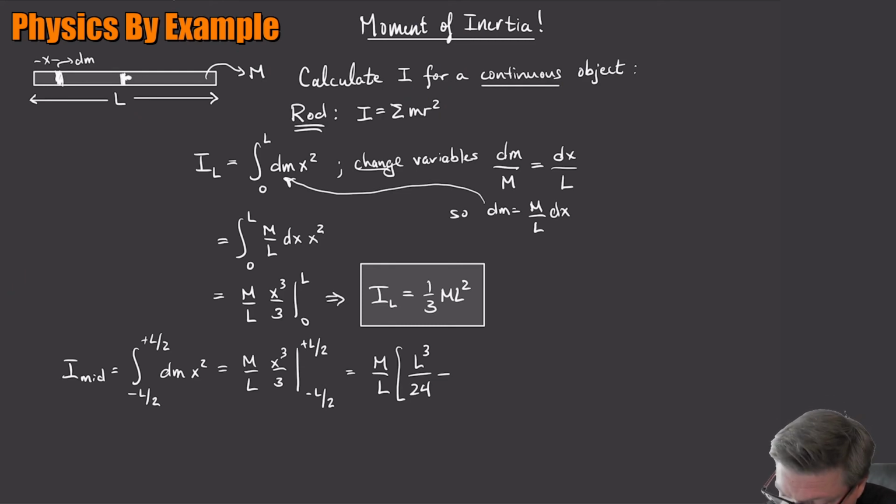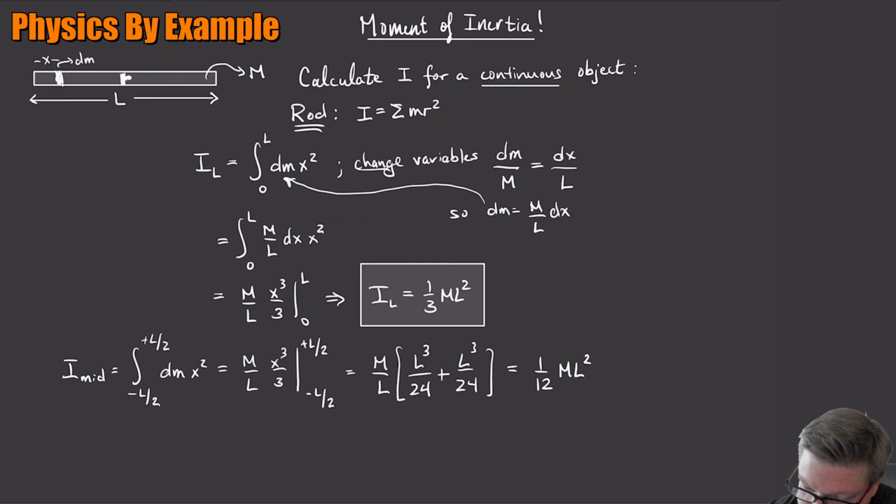So this is going to be minus a minus, so it's going to be plus L cubed over 24. All right. Okay, so that's just L cubed over 12. And then one of those L's cancels the one in the denominator. So what you get is 1/12 ml squared.